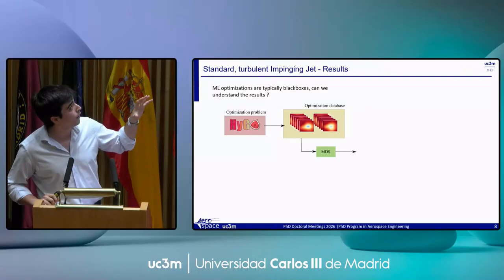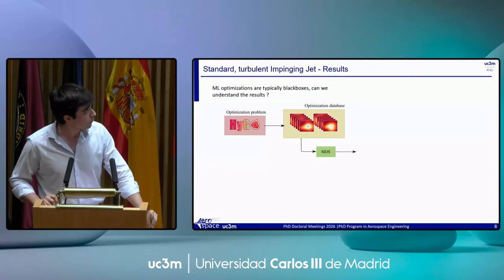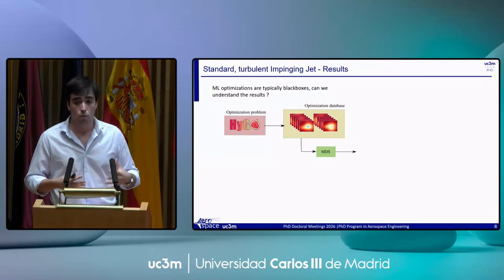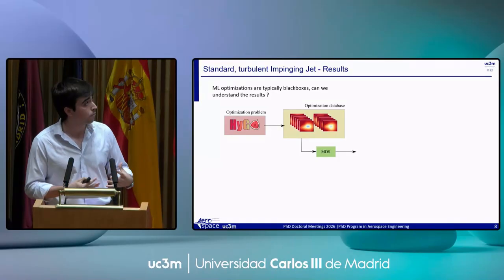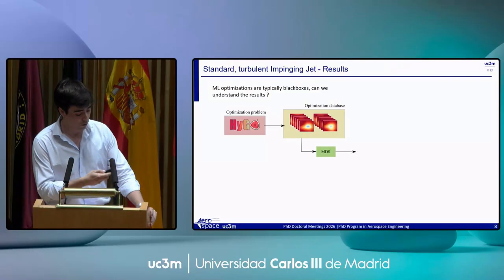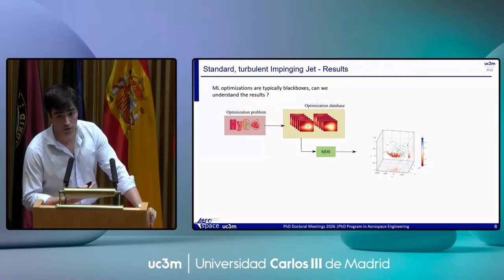This is a very high dimensional space of parameters, and it is difficult to interpret them. So we are going to embed all these cases through a multi-dimensional scaling, which is a machine learning tool with which you can get a low-order representation of the high-dimensional space, in which the relations are based on the similarity between cases. In this case, we have this 3D cloud of points, colored by J, which is the cost function.